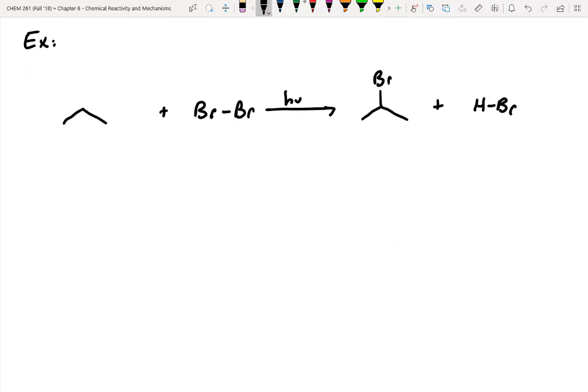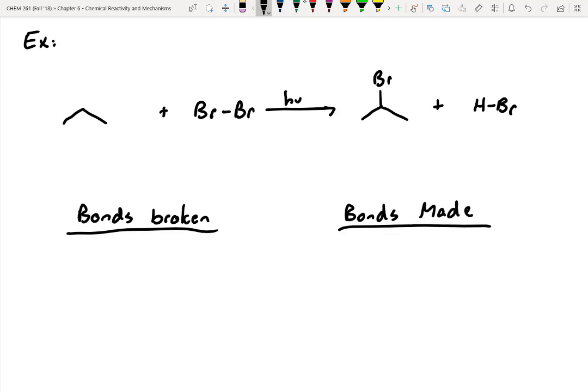All right, so on the left-hand side, I'm going to make a list of bonds broken. And over here, I'm going to put bonds made. And let's try to come up with a good list. So let's start with bonds broken.